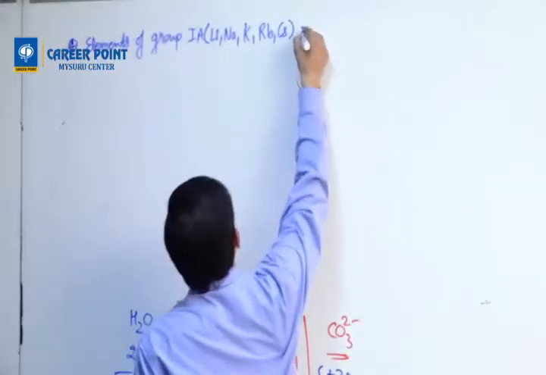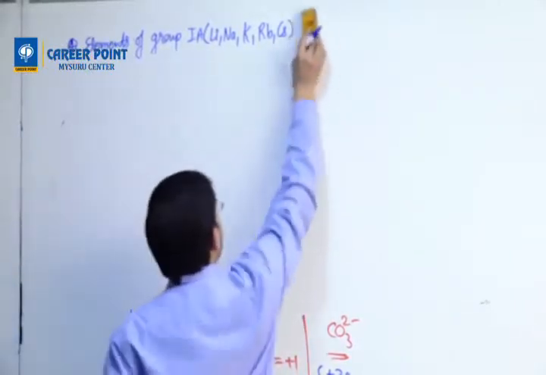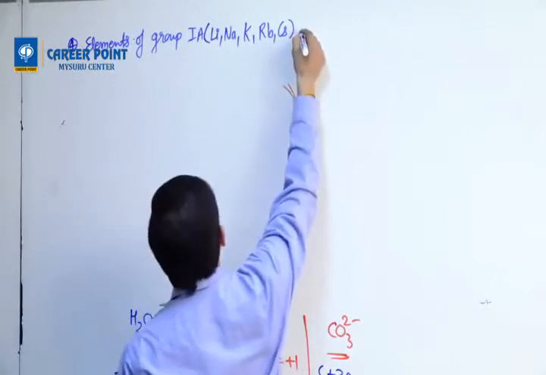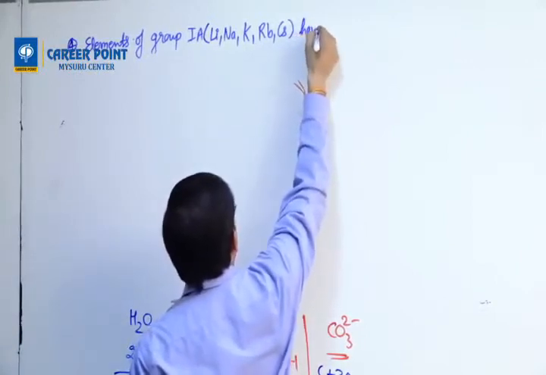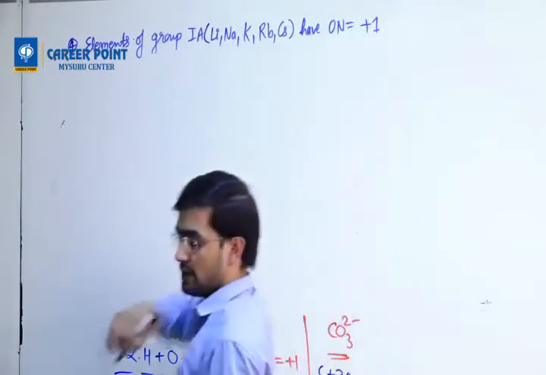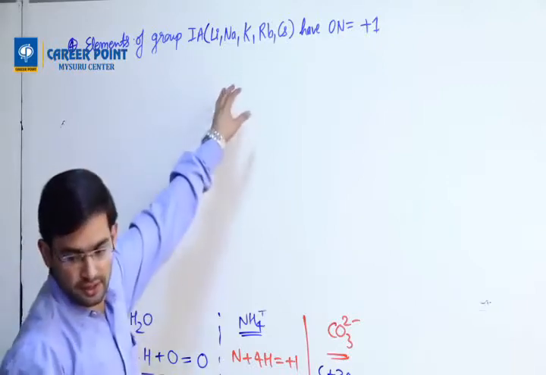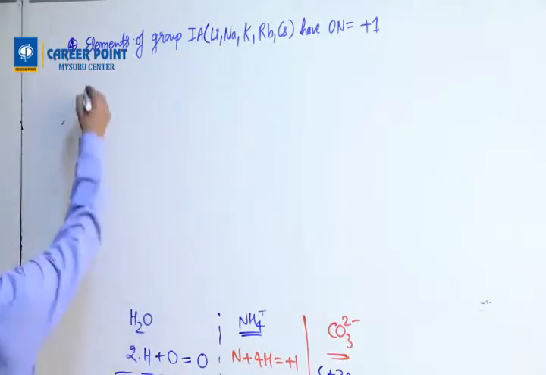Elements of group first A have oxidation number equals to +1. Now this value is fixed.